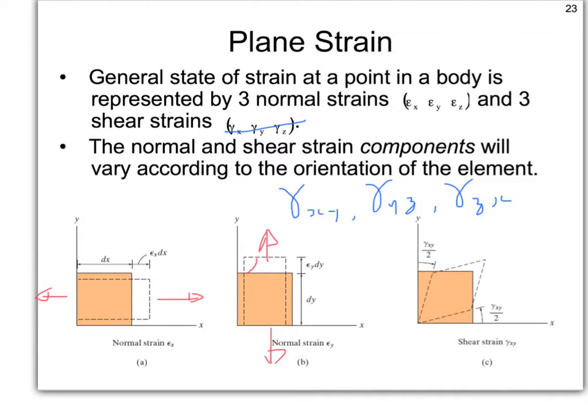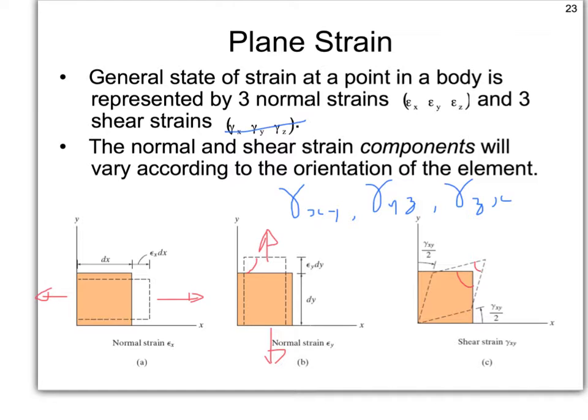In diagram C we have the shear strain, which is characterized by a change in angle between the sides. Where we originally had 90 degrees, that's reduced by some angle, and that change in angle between those two sides originally at 90 degrees is the shear strain.